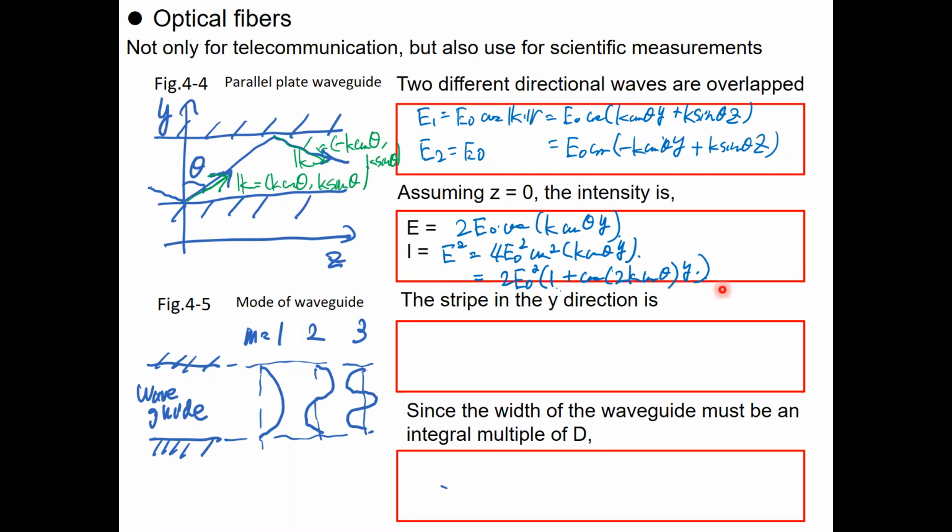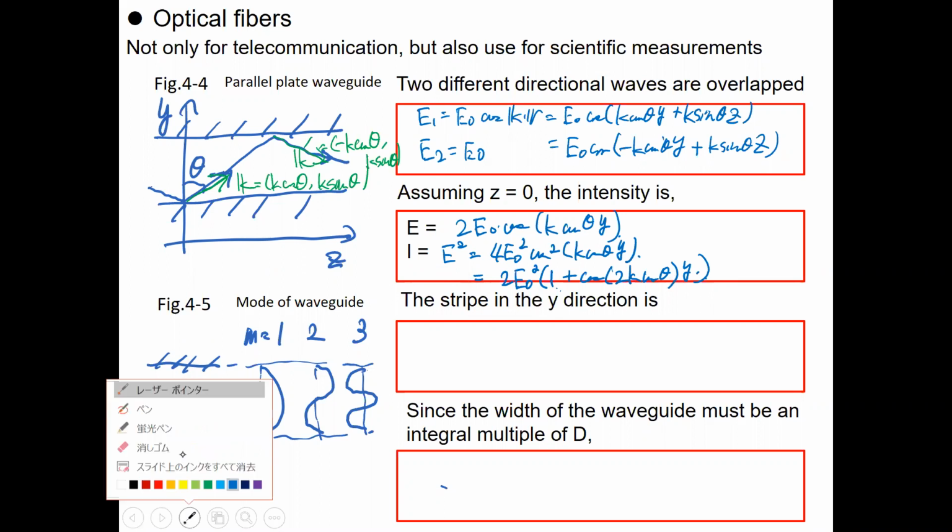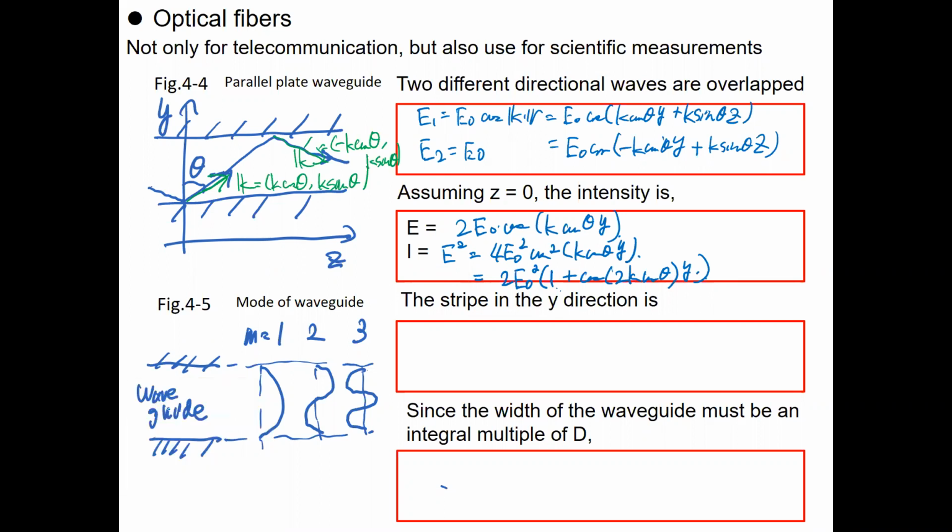So that's the intensity, and you can think about the stripe in the y direction, which is inside the cosine of k cosine theta.